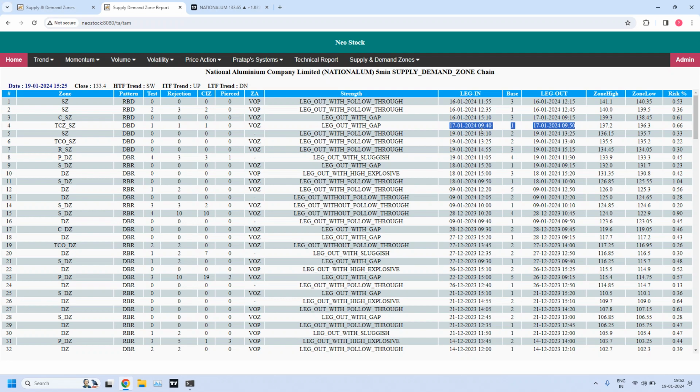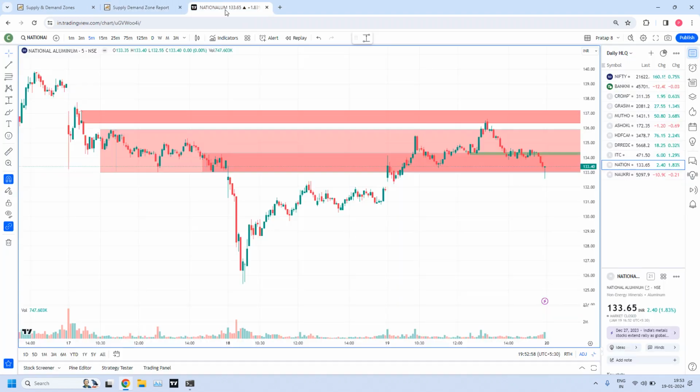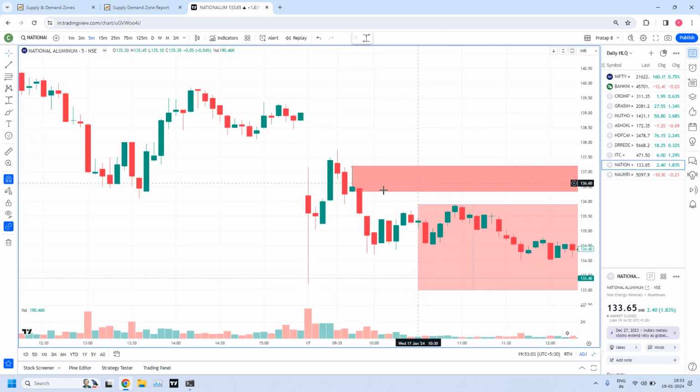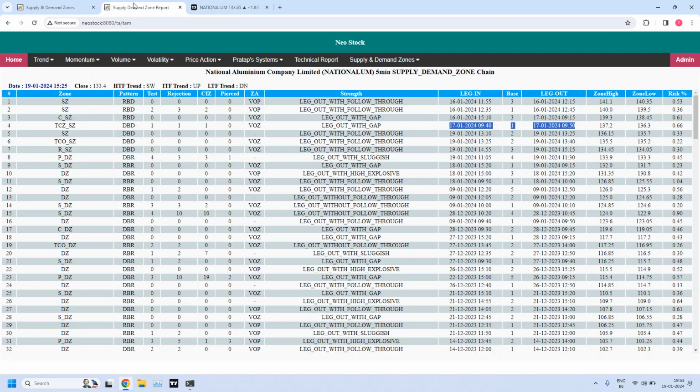17th January 9:40 candle, one base candle, after that a leg out candle. Leg in is at 17th January at 9:40. See here. This is 17th January at 9:40, one base candle, and then leg out at 9:50. See here, 17th January 9:50 leg out.